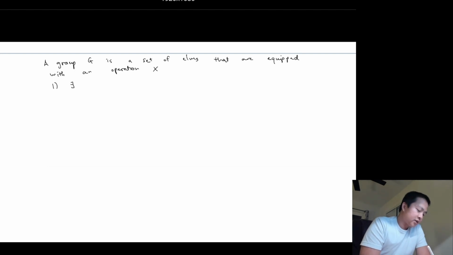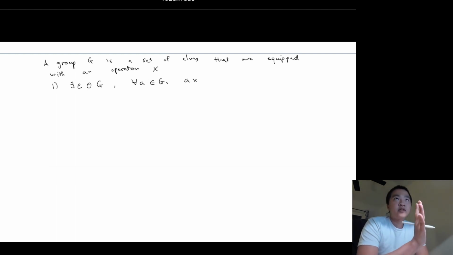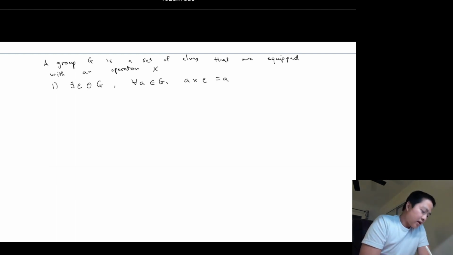There exists an element in this group, which I'll call the identity element E, such that for any element A in this group, if you take A times E, you get A. Now the second property is, for all A, B in G, A times B is also in G. That's the closure property.